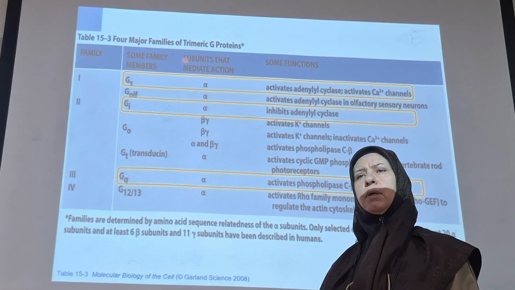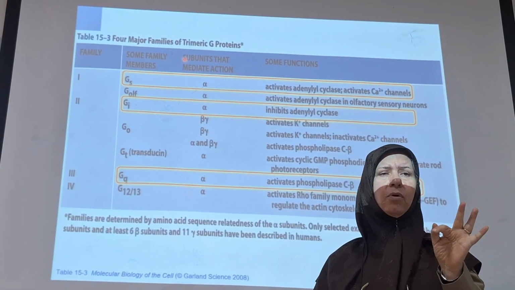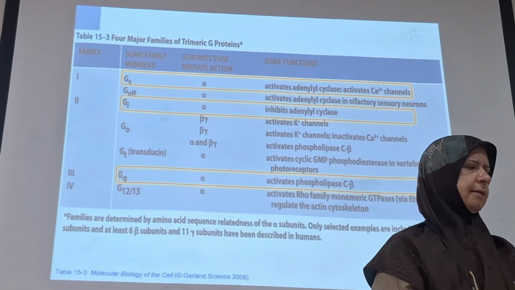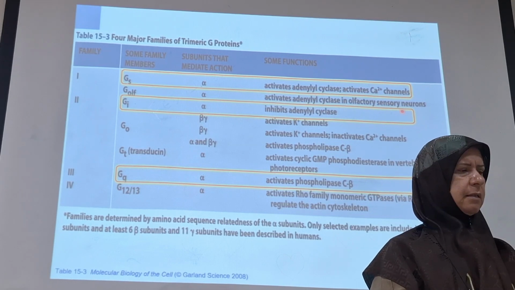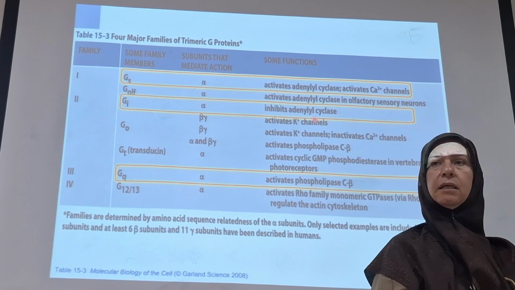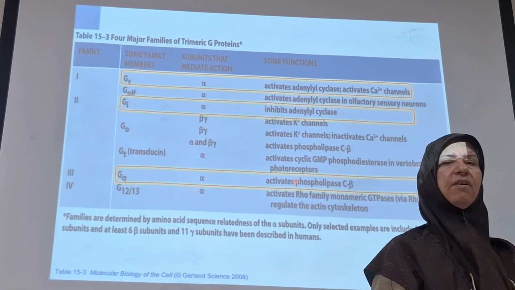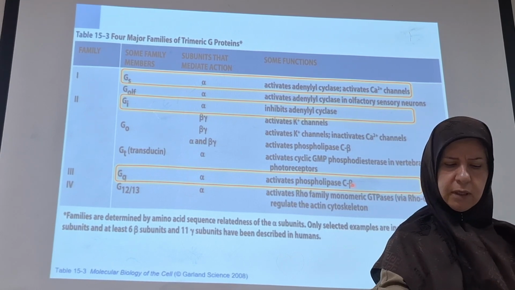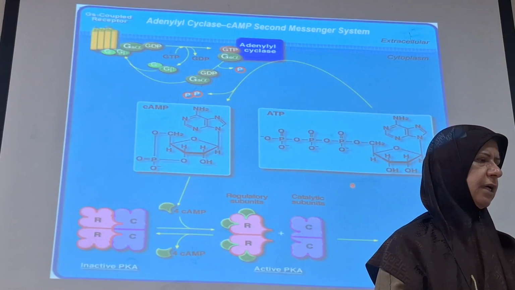Only three of them are important for hormone action. GS stimulates adenylyl cyclase, GI inhibits adenylyl cyclase, and GQ activates phospholipase C. So only these G proteins are important.